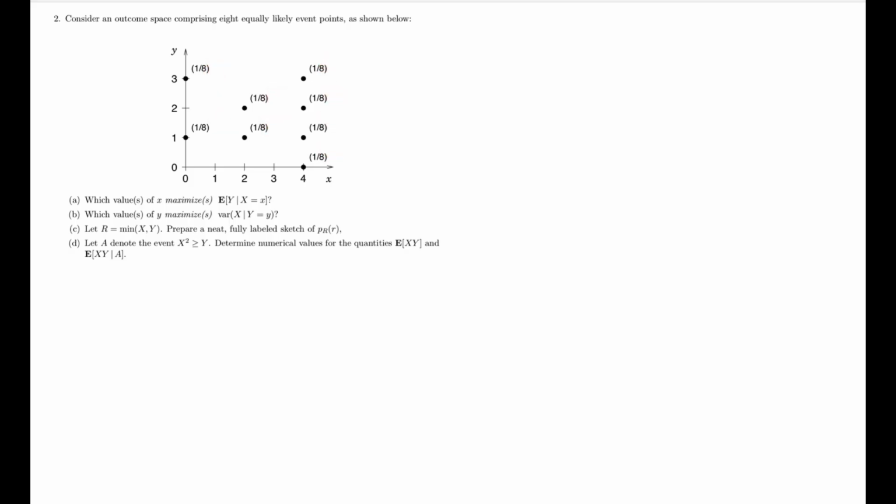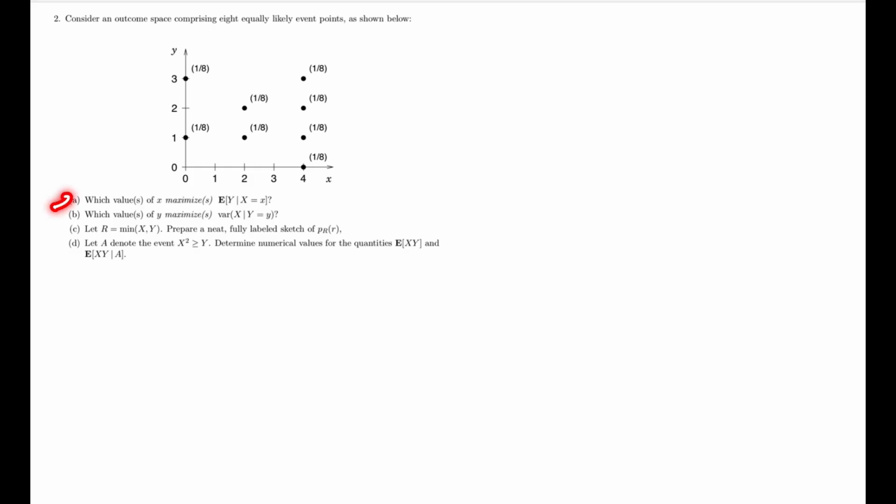Joint PMFs are also ordinary probabilities, so they also have to be legitimate. If you add all these possible probabilities, they will add up to 1. And for the pairs where no probability is given, those are impossible events and they have probability 0.